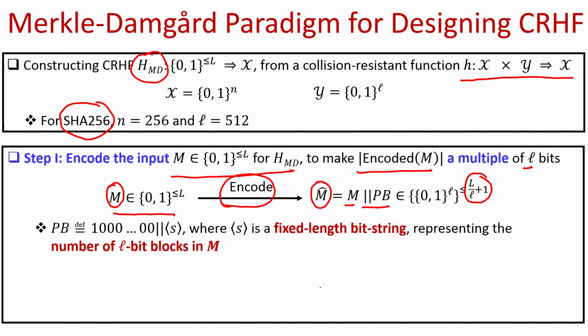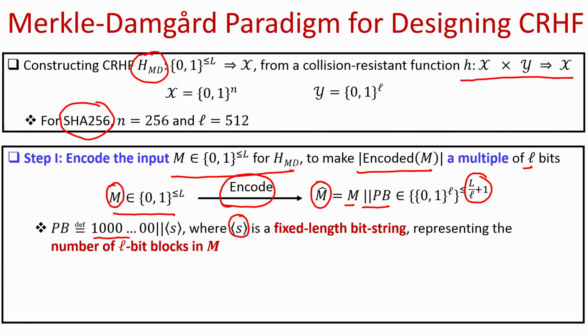We count the number of little l bit blocks present in the non-encoded input, and the binary representation of the number of such blocks is this representation, namely the number s within the angle brackets. So, the padded bits which we append to the message which we want to hash are of this form.